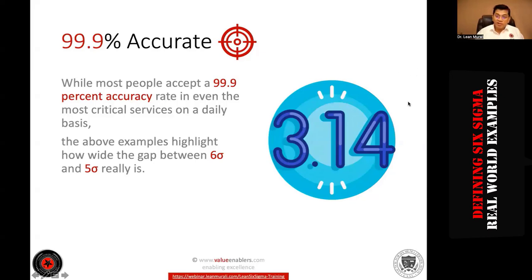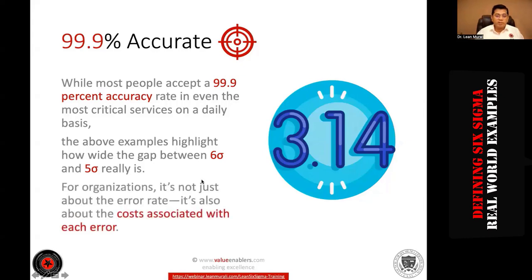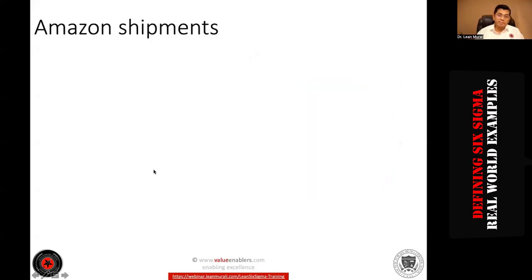So Six Sigma is really 3.4 defects per million opportunities. So the cost associated with each error becomes exponentially higher.